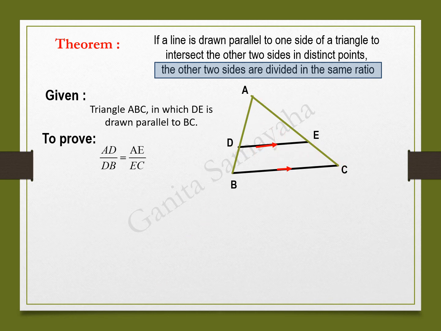So what is the construction that we will do? We will construct EN perpendicular to AD and DM perpendicular to AE. And we will also join BE and DC. So this is the construction. We will write that now. Okay, children, as soon as you see this theorem, please don't try to take it from memory.